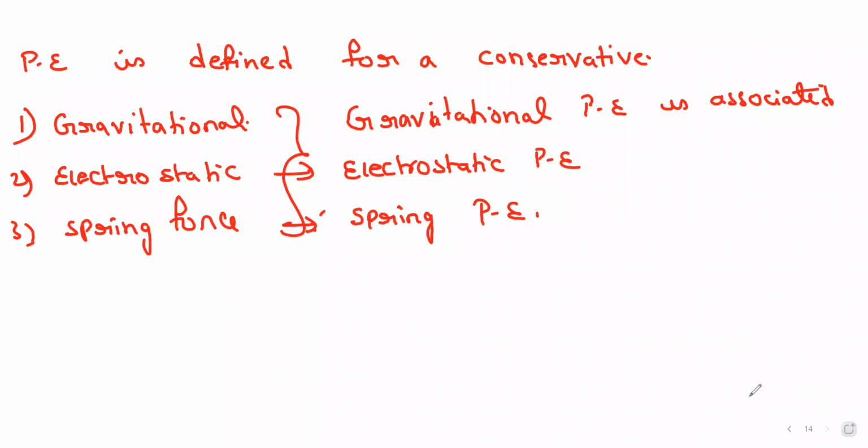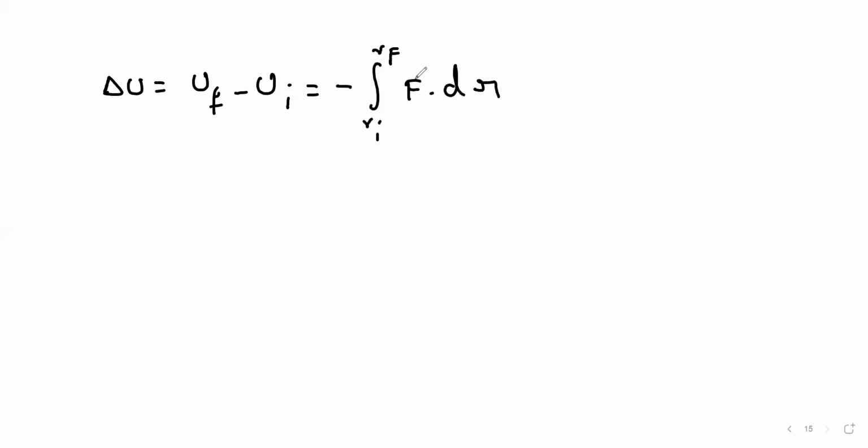Generally, potential energy is given by delta U, which is final potential energy minus initial potential energy, equal to minus integral from r initial to r final of F dot dr. Here F is the conservative force.